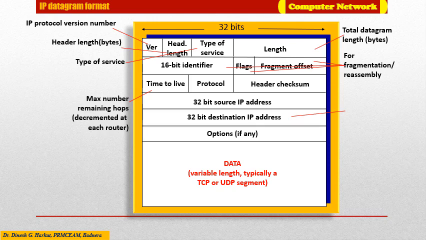If the TTL field reaches 0, at that instant the datagram must be dropped. It is simply a counter which is decremented by 1 at each router that processes it. When the value of the TTL field is 0, the life of that particular datagram is over and that datagram is bound to be dropped.